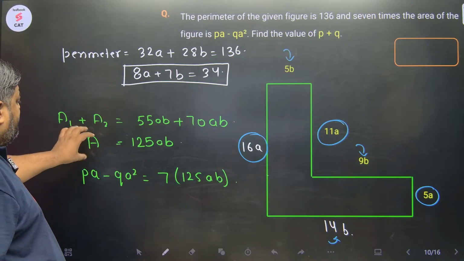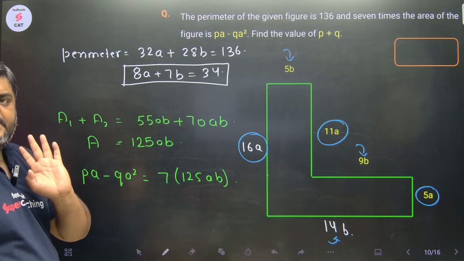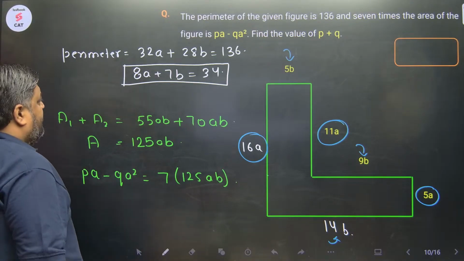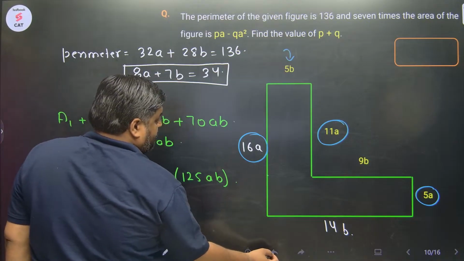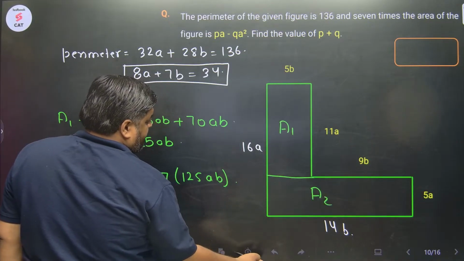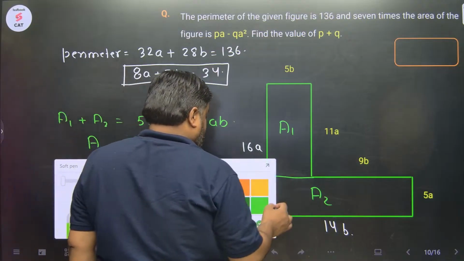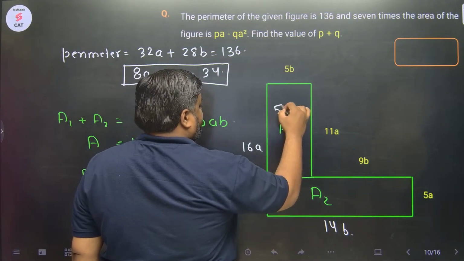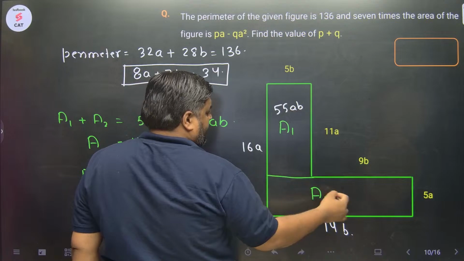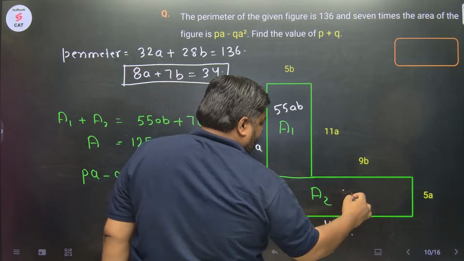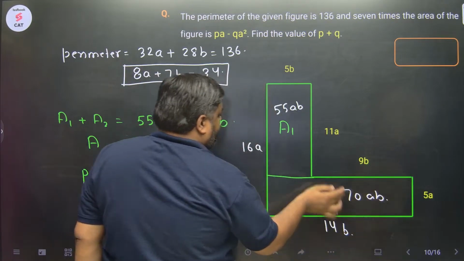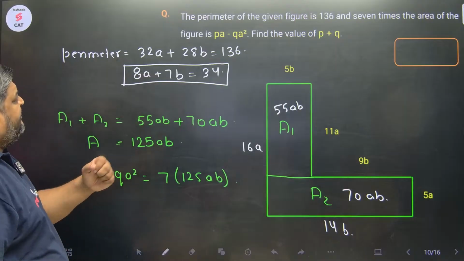And then we figured out the area individually. This area is 55AB and this area is 14 into 5, 70AB, and the total area is 125AB.